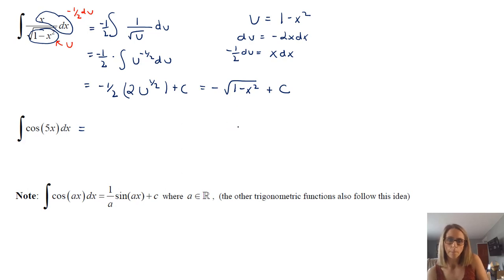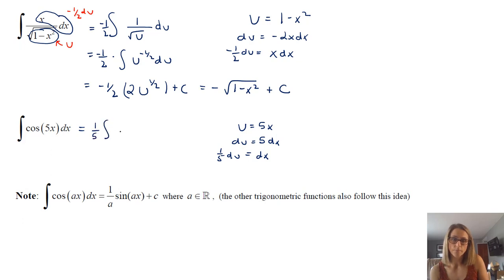And so if we let u equal the inside, very, very common, we'll just have du equals 5 dx, or that dx is 1/5 du. So I would rewrite this as a 1/5 on my outside, and then it's just cosine u times du.